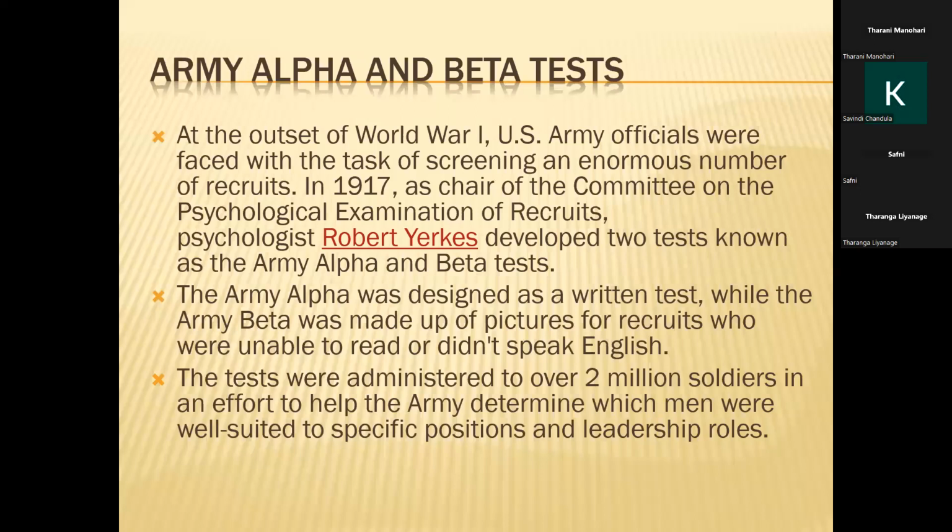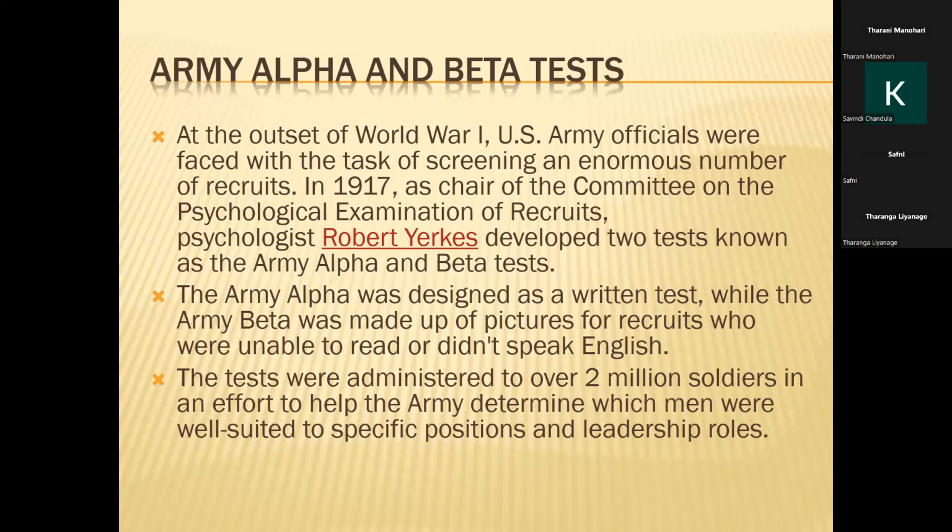Right? Let's go back to our discussion. We have the Army Alpha and Beta tests. At the outset of World War I, US Army officials were faced with the task of screening an enormous number of recruits.